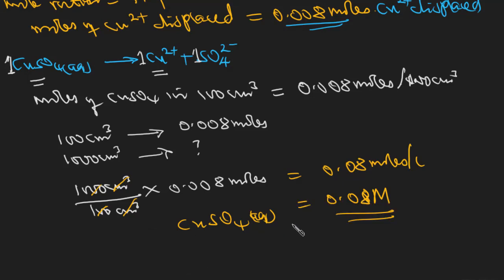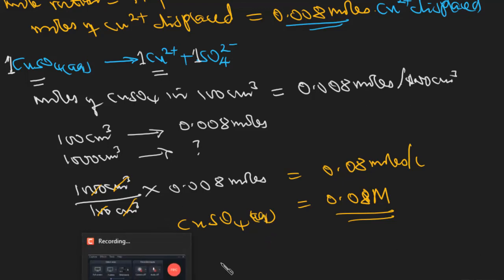Concentration is quoted based on a liter of solution. So let us work out how many moles of copper 2 sulfate will be in 1,000 centimeters cubed of such a solution. We say 100 centimeters cubed of the solution contains 0.008 moles. Since we quote concentration in moles per liter, we ask ourselves, in 1,000 centimeters cubed, how many moles will you find?